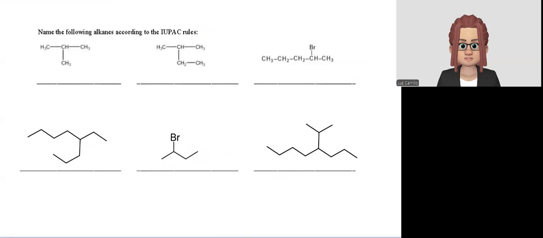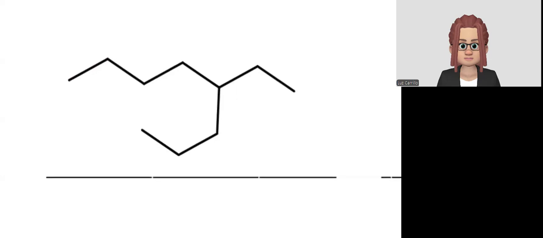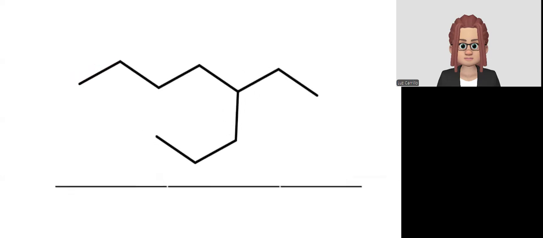Make sure that you practice with the worksheets. I want to do at least one more of the examples that you see here. We have the following structure. Take a moment and identify what is the longest continuous chain of carbon atoms present.